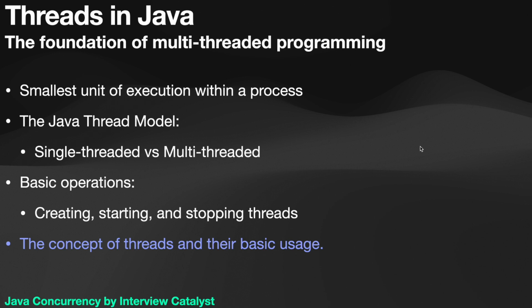How thread works in Java? So thread creation. A thread can be created in two ways. Either we can extend the thread class, or we can create a runnable, and that runnable will be part of the thread.